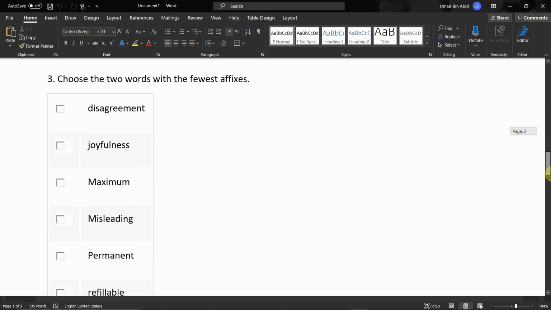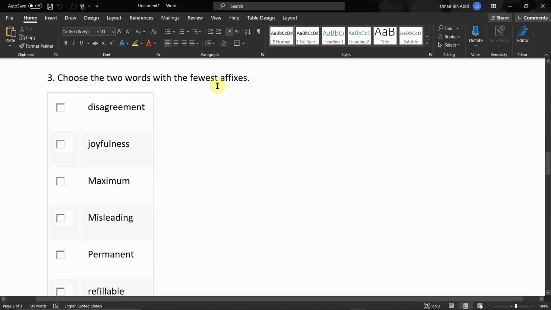The third question is: choose the two words with the fewest affixes. Fewest affixes means we have to look at the two words which have the least number of affixes, and when we say affix, we mean both prefixes and suffixes.